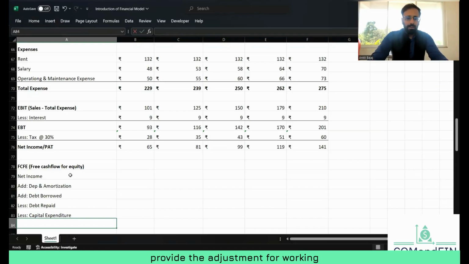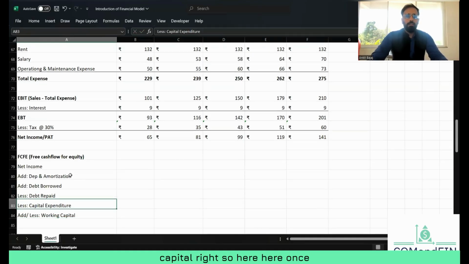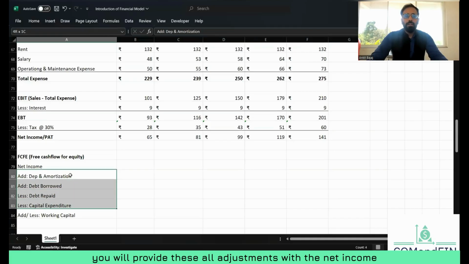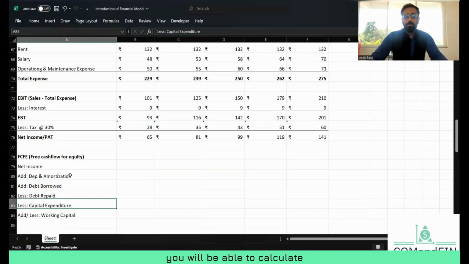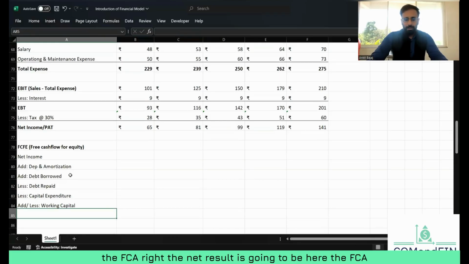And we also have to provide the adjustment for working capital. Here we have not discussed much about working capital, so you do not have to worry. This we will discuss in a coming lecture. So once you provide all these adjustments with the net income, you will be able to calculate the FCFE, right? The net result is going to be the FCFE.